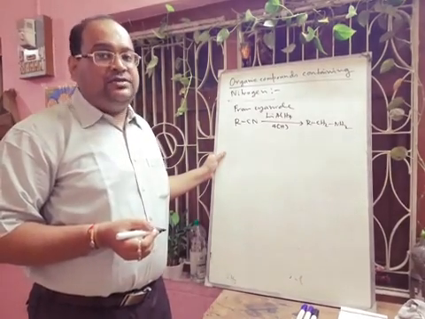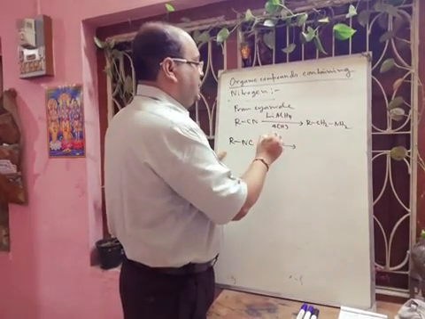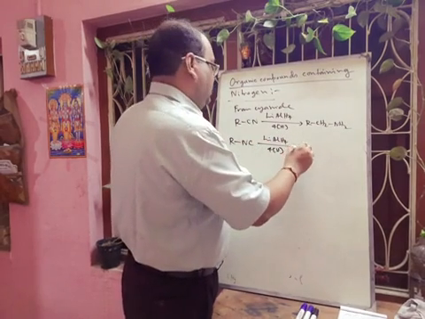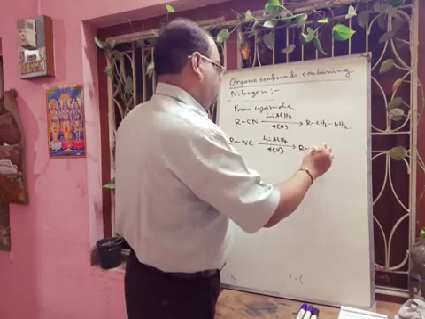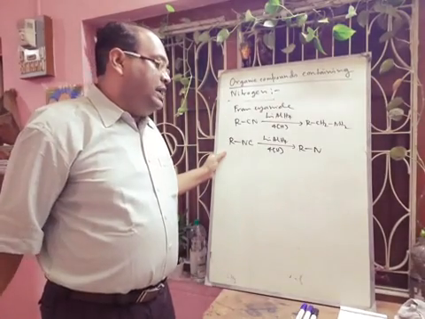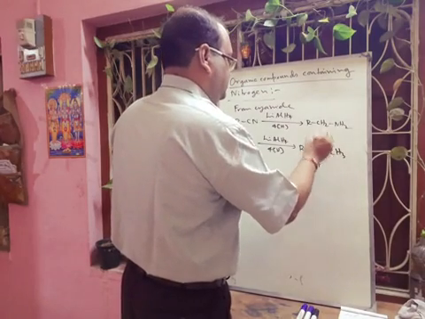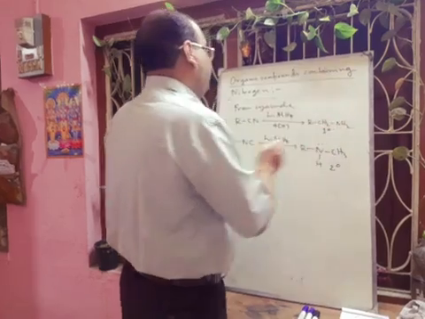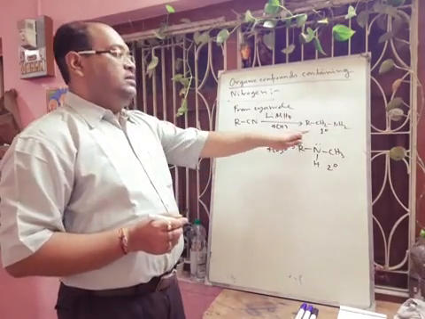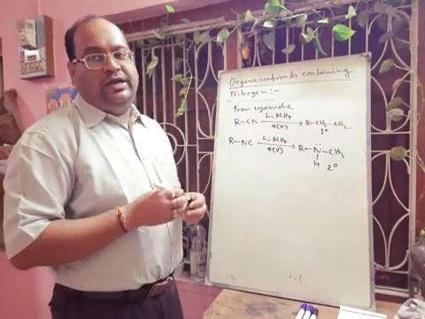But if we take isocyanide, that means RNC, and use the same reagent, then we will get the 2 degree amine. So if we take the alkyl cyanide and add lithium aluminum hydride, we get the 1 degree amine, but in case of isocyanide, we will get the 2 degree amine.